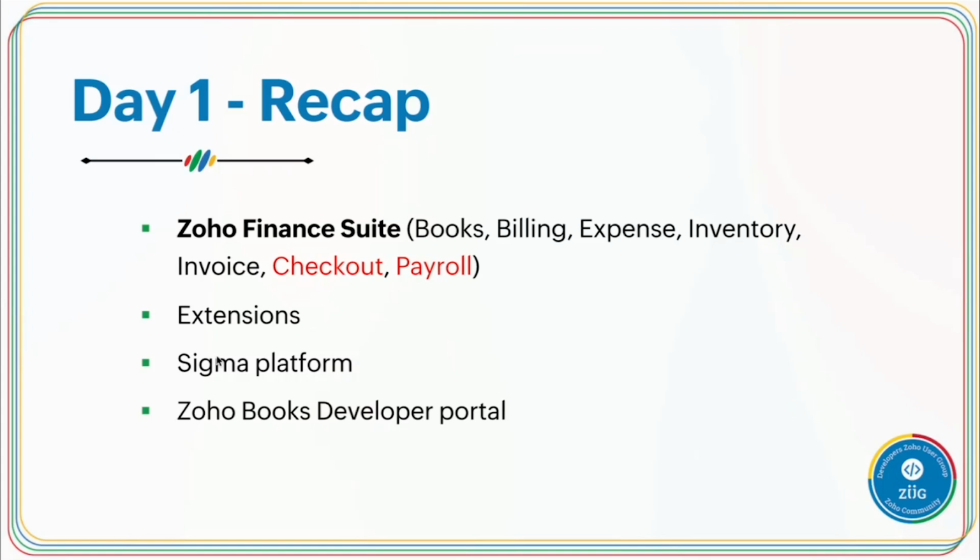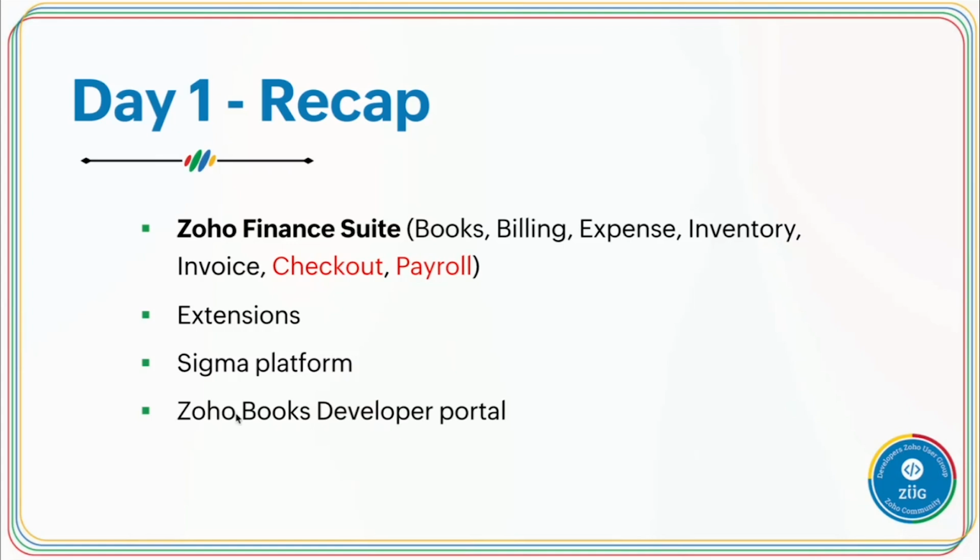After that, we introduced the Sigma platform, which is exclusively meant for building extensions for any of the Zoho products. Once we had an overview of the extensions and the Sigma platform, we went ahead with creating an extension for the Zoho Books product in the Sigma platform, which then redirected us to the Zoho Books Developer Portal.